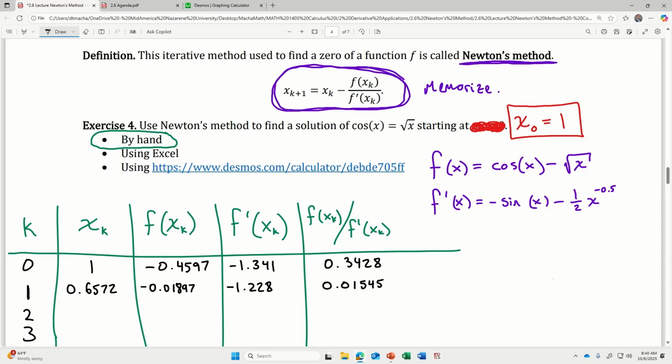So I'm taking 0.6572 minus 0.01545. And I will get 0.6418.